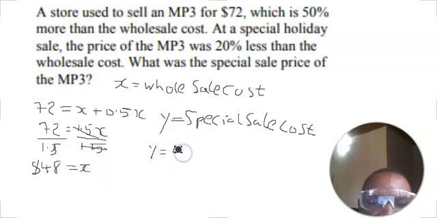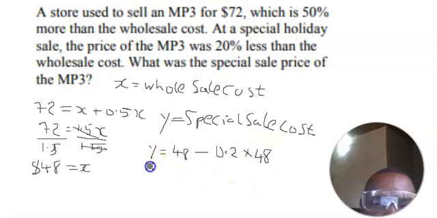So I'm saying that y is equal to what the wholesale cost is, 48, minus 20% of 48, which is 0.2 times 48.